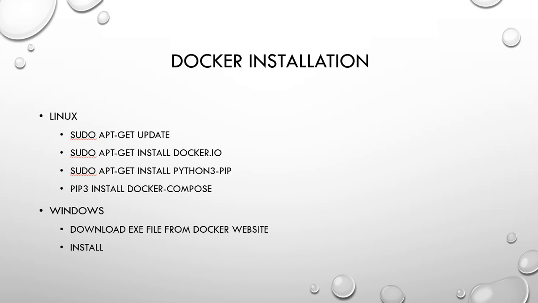Now, Docker installation. We can install Docker on Linux and also on Windows. For Linux, by following the commands given in the slide, you can install Docker. The first command is sudo apt-get update, with the help of which you update your current packages. Then you enter the command sudo apt-get install docker.io, which will install Docker on your system.